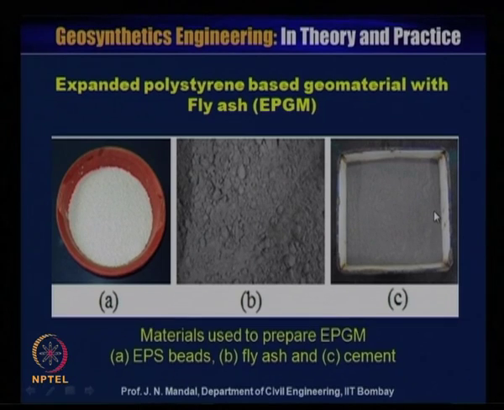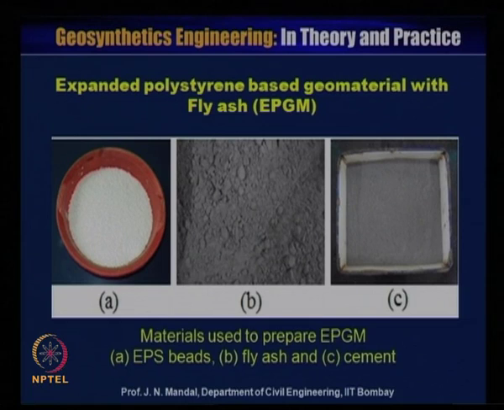Now, we will discuss another exciting new material, that is expanded polystyrene based geomaterial with fly ash, which we call the EPGMA, and this material was also newly developed in our geosynthetics research and testing laboratory.